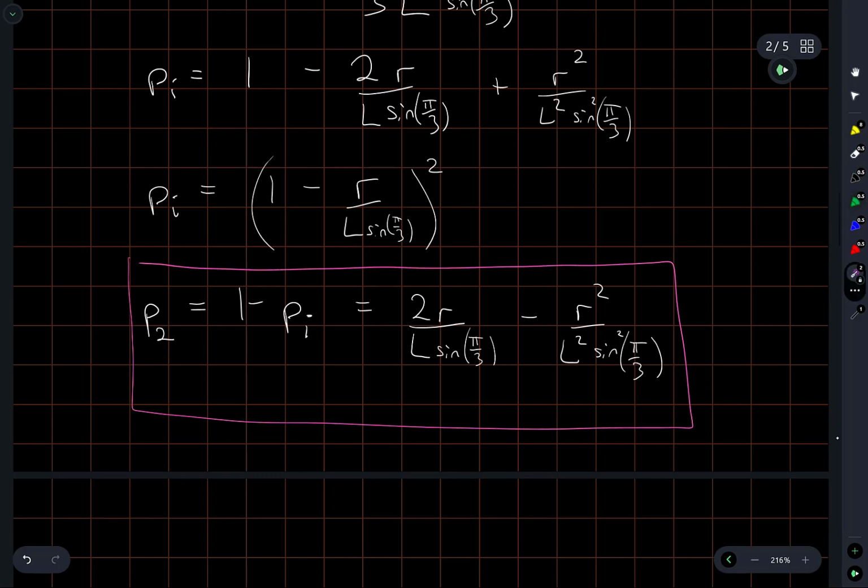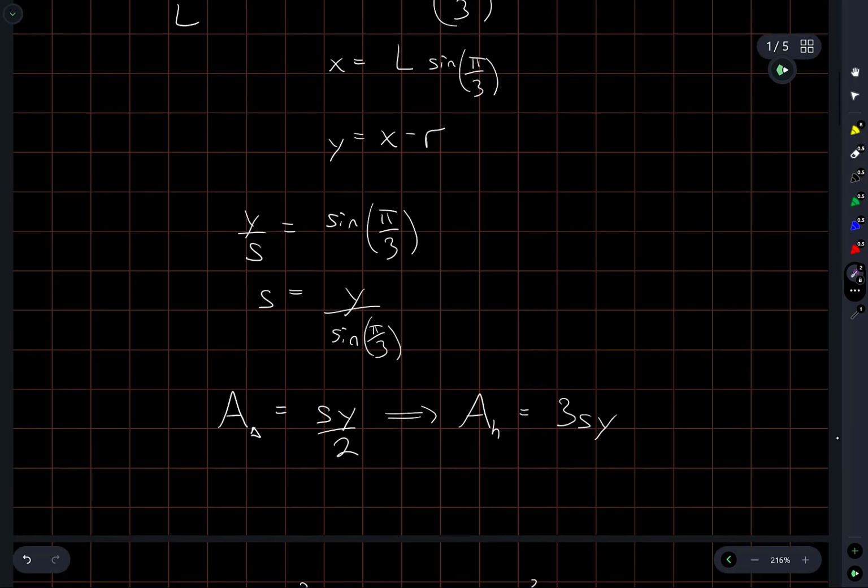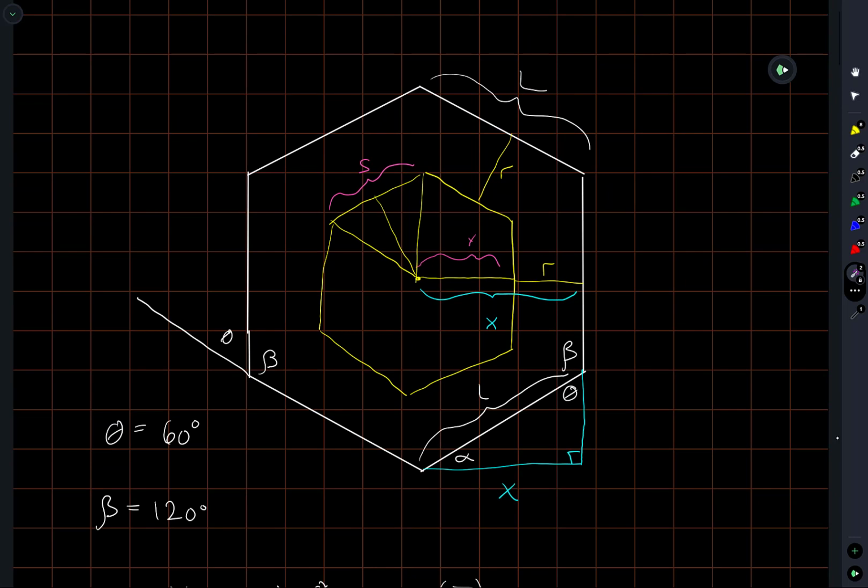Let's do a quick sanity check. When R is 0, this is 0, which makes sense because an infinitely small hoop will never touch two colors. And if R is equal to, what is the bound on the radius this time? If I go up to my figure, we should be able to figure this out.